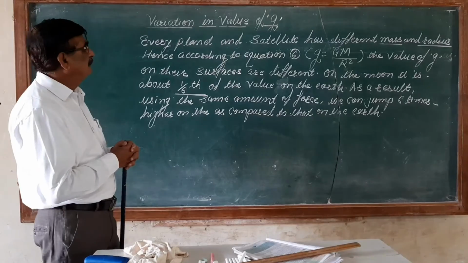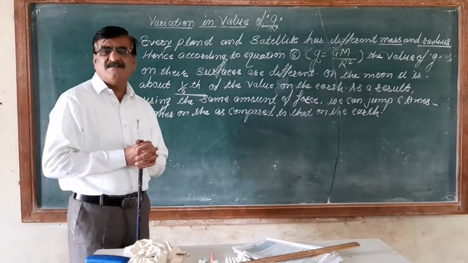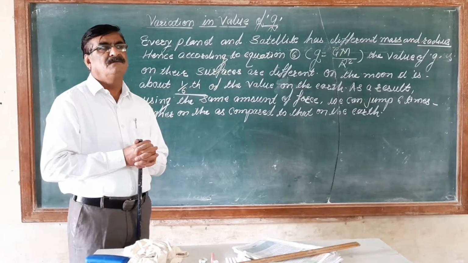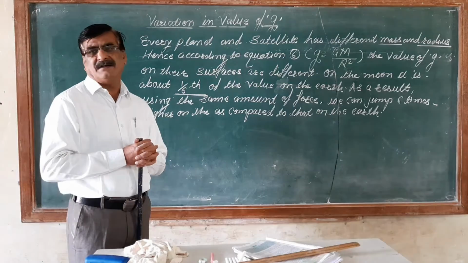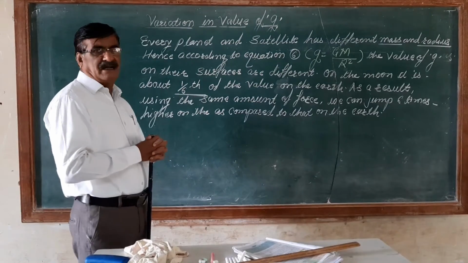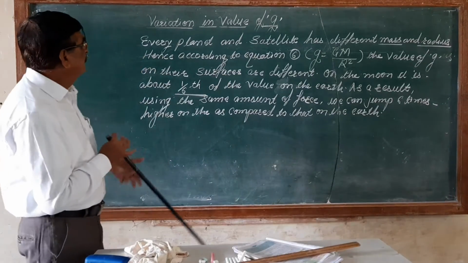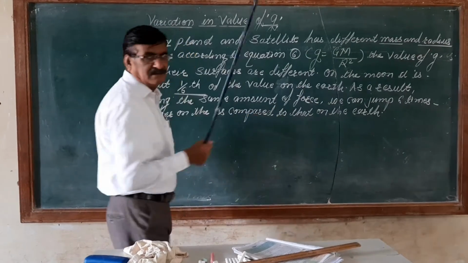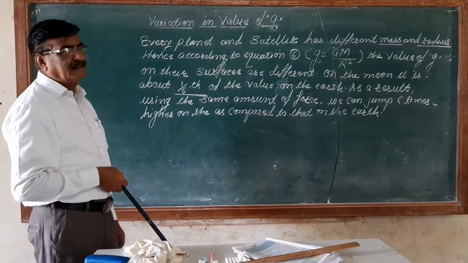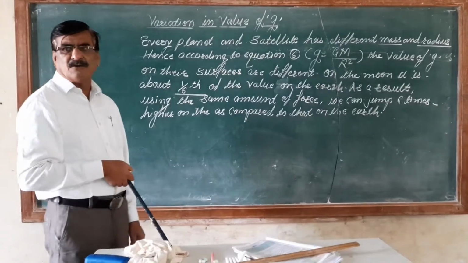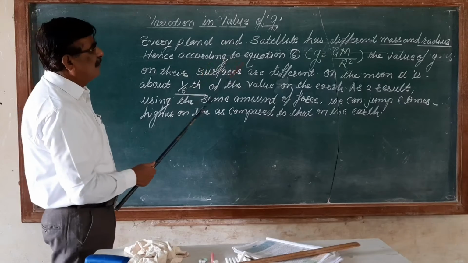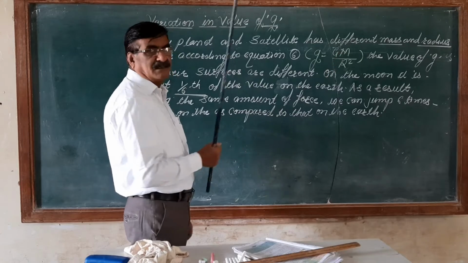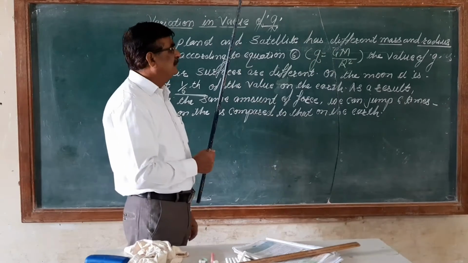That is why the gravitational force acted by the moon on its surface is definitely less than our earth. Now see, every planet and satellite has a different mass and radius. It is not the same. Hence, according to equation number 6, g is equal to GM upon R square.